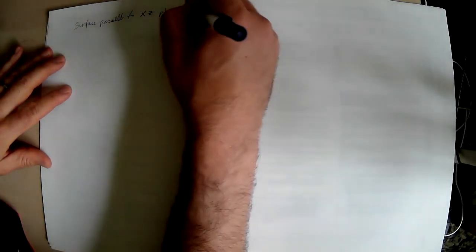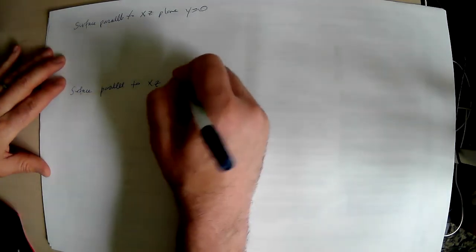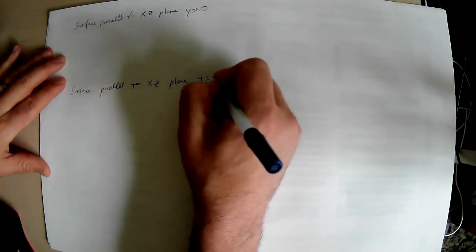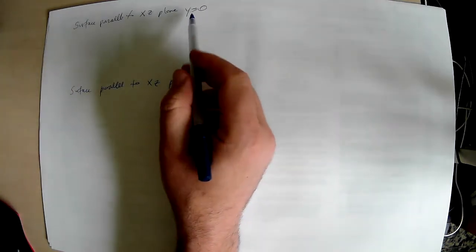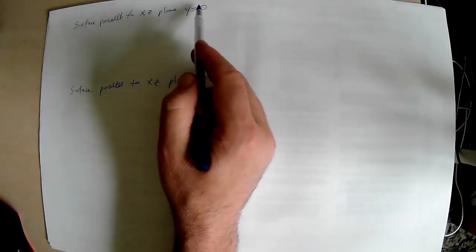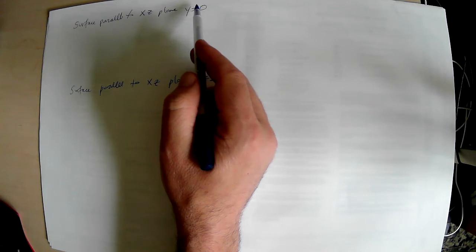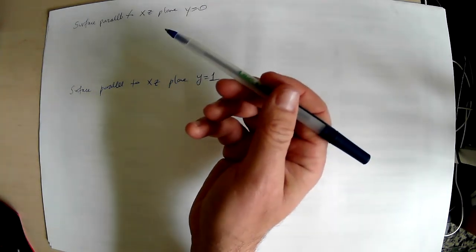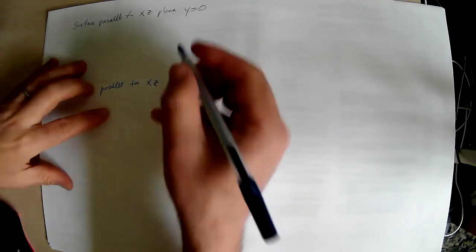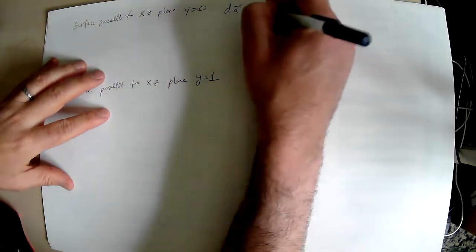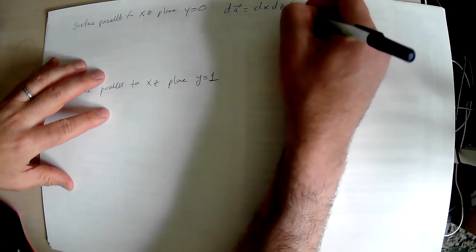So I need surface parallel to xz plane at y equals 0, and surface parallel to xz plane at y equals 1. Now, if it is y equals 0 at the xz plane, then it will point to the left. That means in the negative y direction.